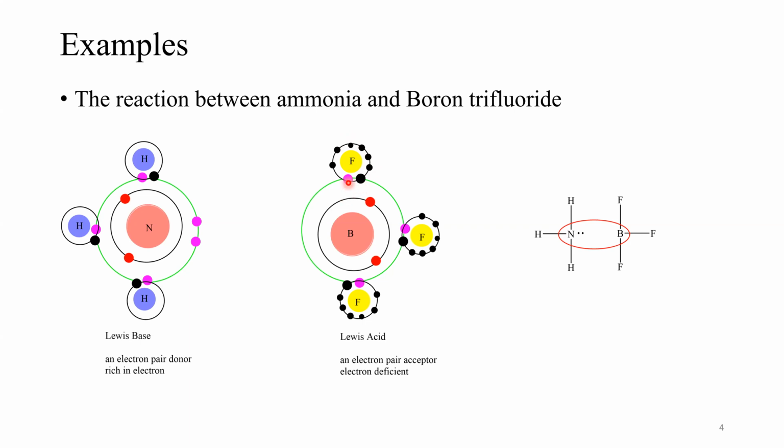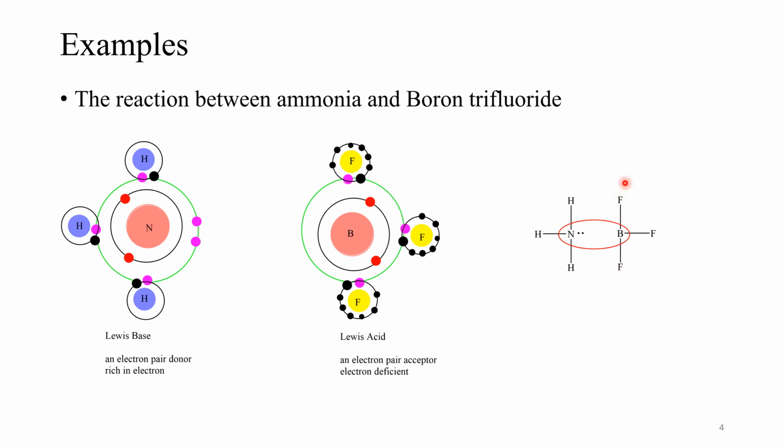Now this is pairing with one of the magenta electrons of the boron to complete its octet. So the fluorine valence shell has completed with 8 electrons. And there was another fluorine which has bonded with this, and this is another one. So this is the BF3 molecular structure, right?